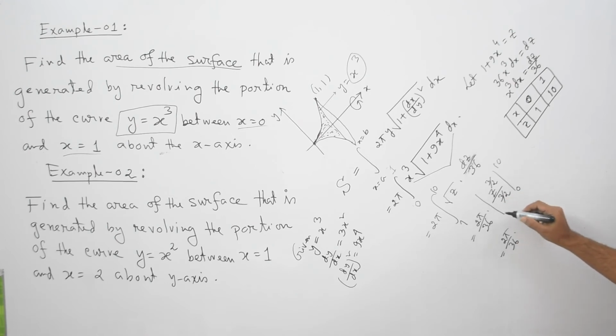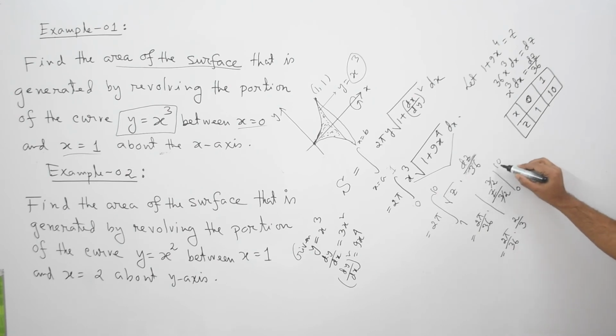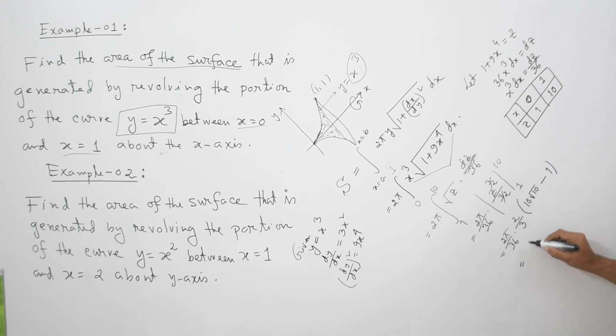This fraction, if you take it in the numerator, will be 3 by 2 by 3, and if you put the upper limit, it will be 10 root 10, minus, if you put the lower limit, it will be 1. So this equals, if you simplify it, pi by 27 times (10 root 10 minus 1).